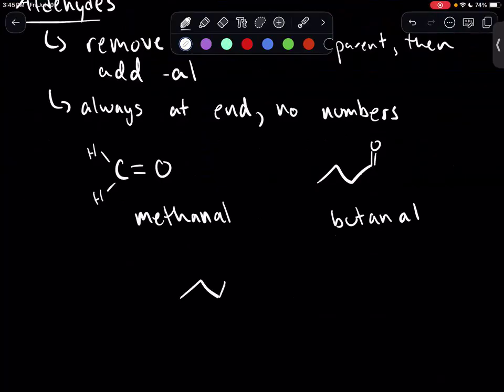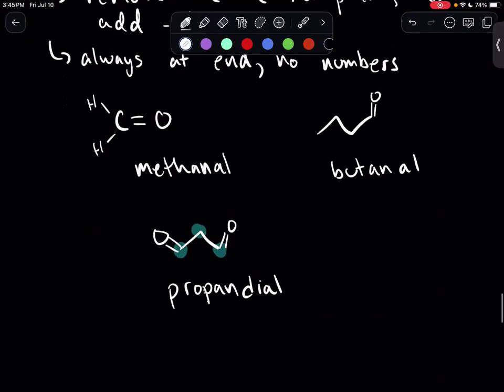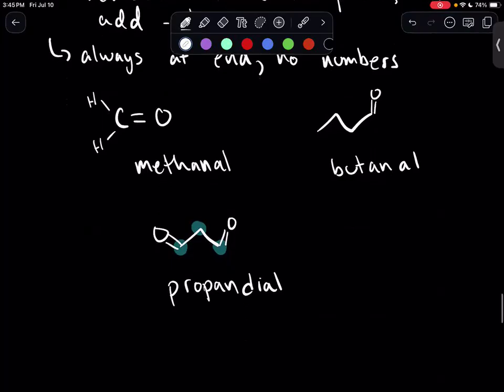We can do this one, which has 3 carbons, 1, 2, 3. This is propan-. And of course, we still don't have to number them, but there are two, so we're going to say dial, propanedial. And that's it. So remember, one crucial thing about this is always going to be spelling, because if you use an O instead of an A, you suddenly are referring to a completely different functional group. So make sure that you are getting that right at least.